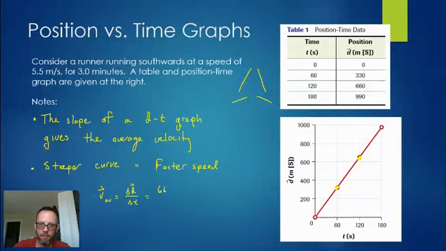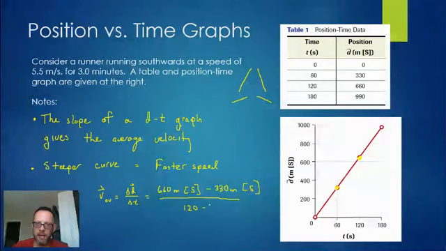So we have 660, and then I'll include the units here, meters south, minus 330 meters south. Our time interval, 120 minus 60. So we're going to get 330 meters south over 60 seconds.